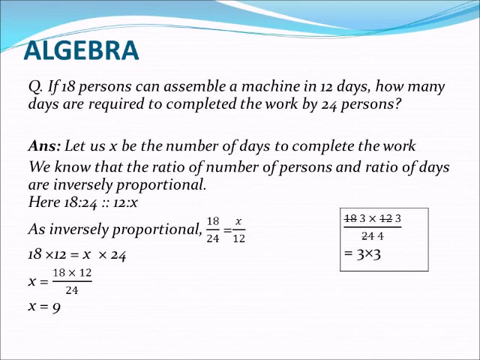When two ratios are inversely proportional, that is A is to B inversely proportional to C is to D, then A by B equals D by C. A is to B inversely proportional to C is to D means A by B equals D by C.